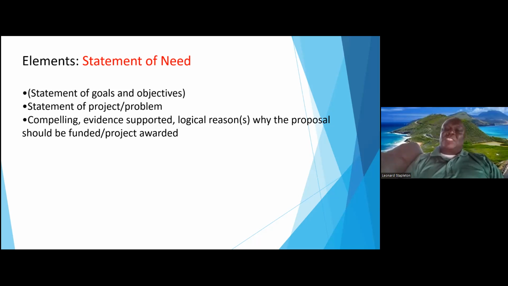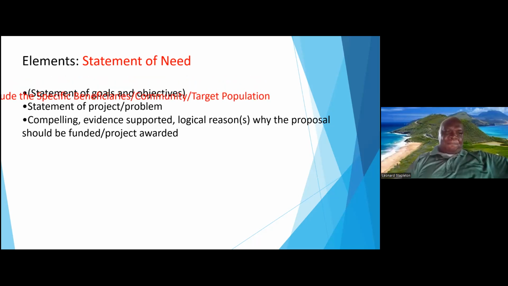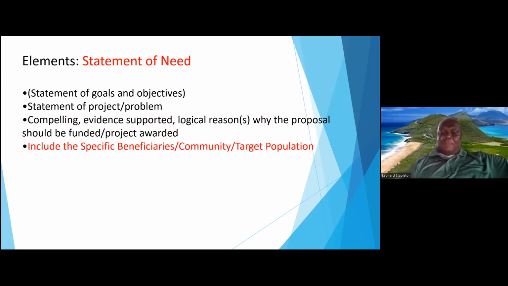So your project could be something proactive. The problem hasn't reached you yet, but it's a problem that's coming, and you get your evidence to back that up. Right now in St. Kitts, we're facing a water shortage problem, but it's a trend now because of climate change.